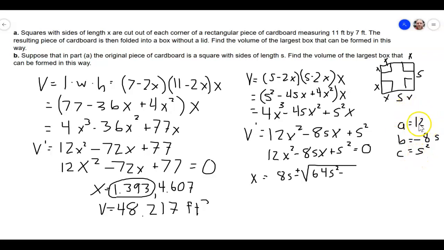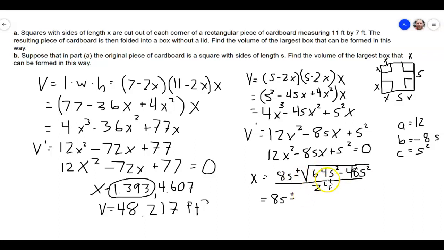So 4 times 12 is 48 times c is s squared, so minus 48s squared, all over 2 times a, all over 24. All right, so hopefully I got enough room here. So I've got 8s plus or minus. So 64s squared minus 48s squared is going to be 16s squared.